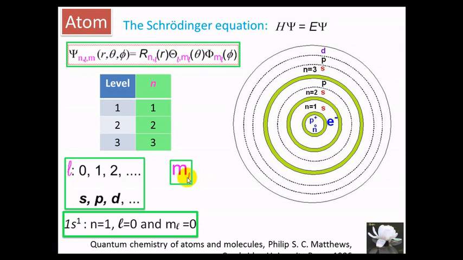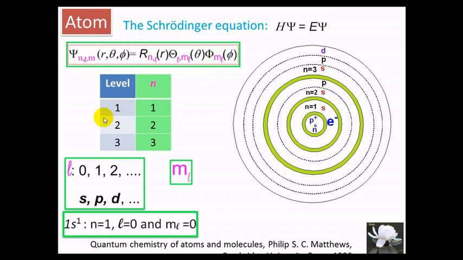So, the different energetic states in an atom are determined by the combination of three quantum numbers: n, L, and ML. These energetic states are denominated as orbitals.